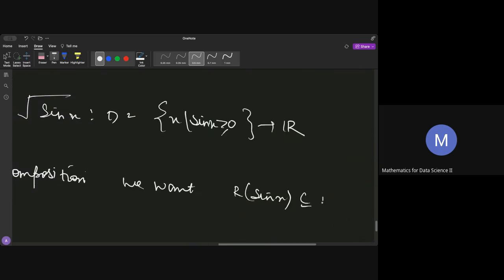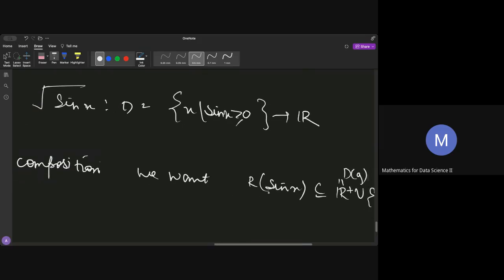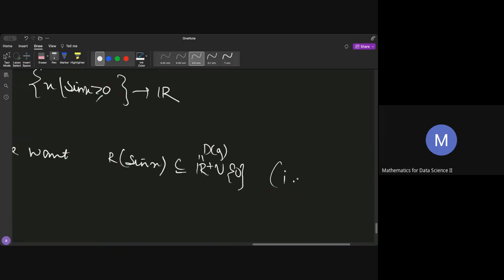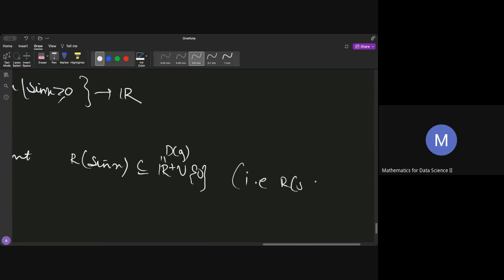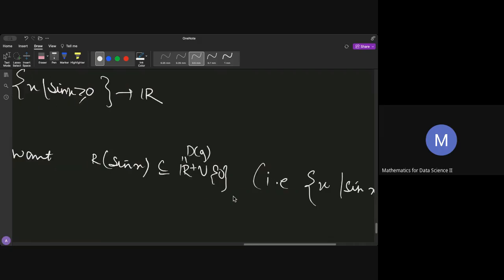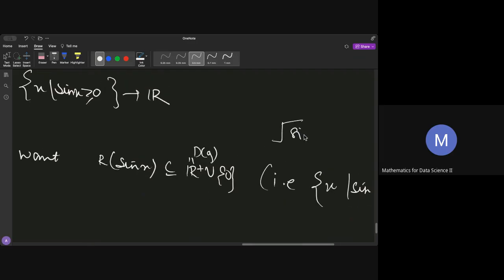And domain of G is R plus union 0. This is domain of G. So I want the range of sin x to be greater than 0, right? That means I want x such that sin x is greater than or equal to 0. Equal to 0 is also fine because we don't have a problem here. If sin x takes 0 value, that's also fine. Square root of 0 is a valid thing.